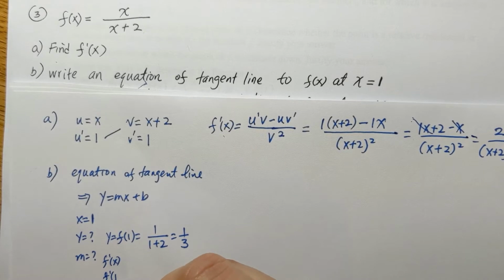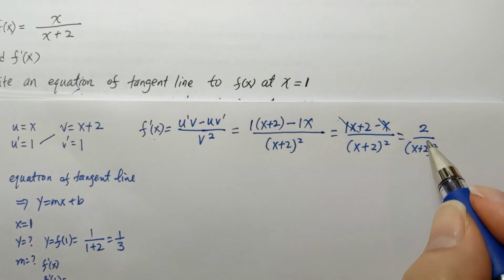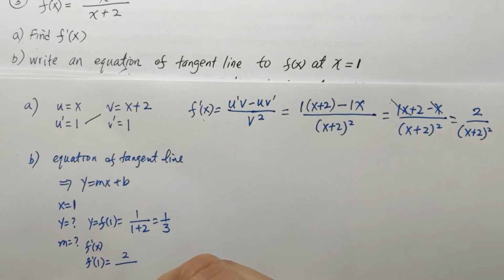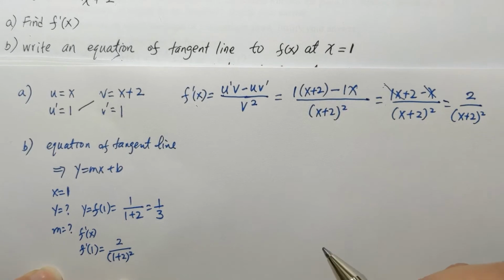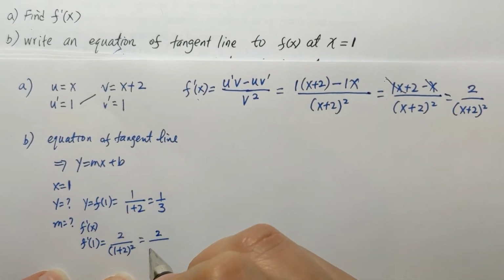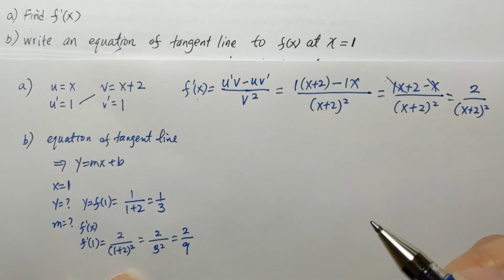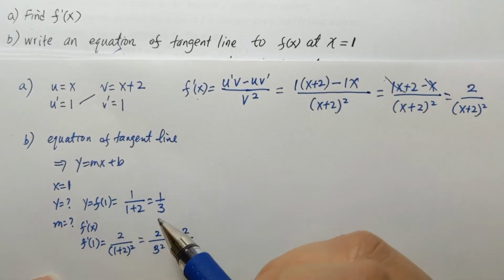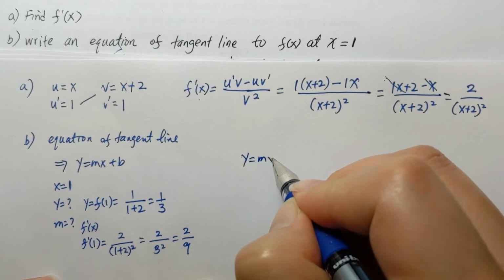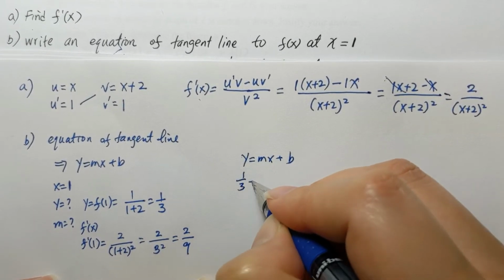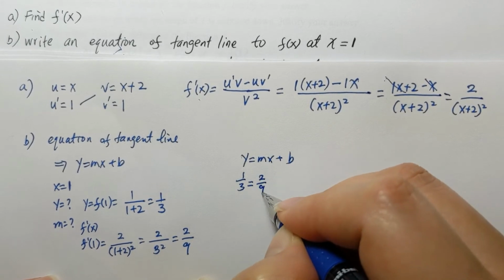So f prime of 1. And we already got the 2 over x plus 2 holding square. So it'll be 1 plus 2 holding square. So now we got 2 over 3 squared, 2 over 9. So now we found 3 numbers. We go back to y equal to mx plus b. So we got the y value, and then the m and x.